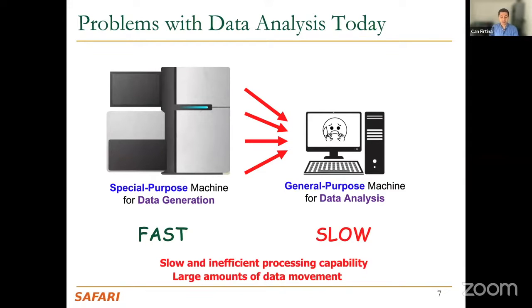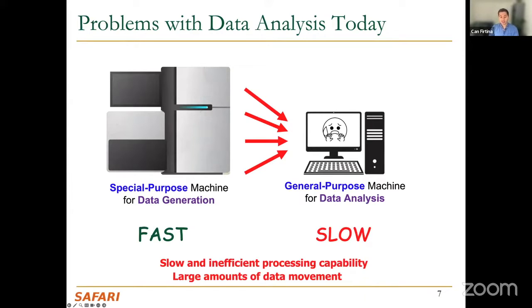at generating that data. And the problem is that when we try to use a general purpose machine to analyze such data, these machines are not specifically designed to analyze this particular type of data generated from a particular machine, right?